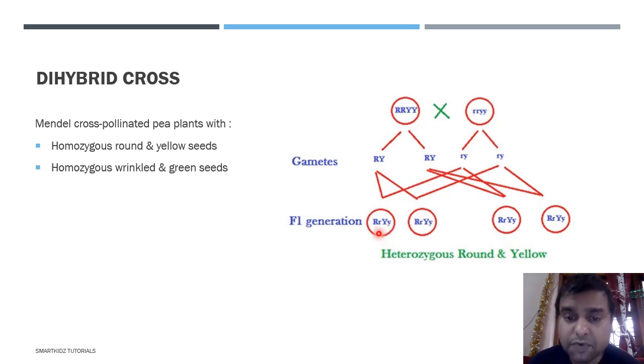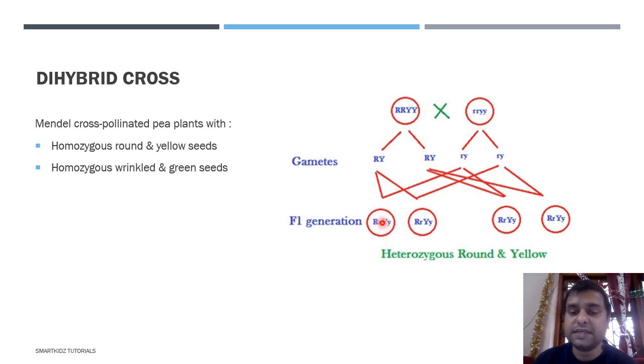What will the phenotype be? The phenotype is going to be round seeds and yellow seeds. Why round and yellow? Because we have a capital R combining with small r. The capital R is the dominant R and it dominates the characteristic. As a result we have round seeds, though at the genotypic level it is heterozygous, that is, it has a capital R and small r.